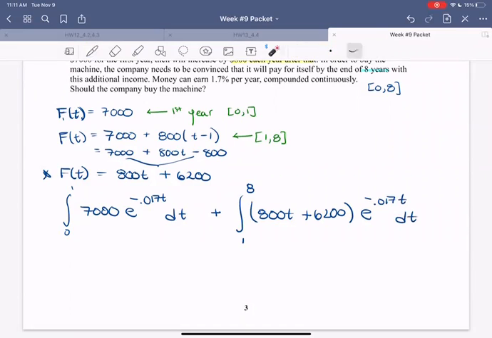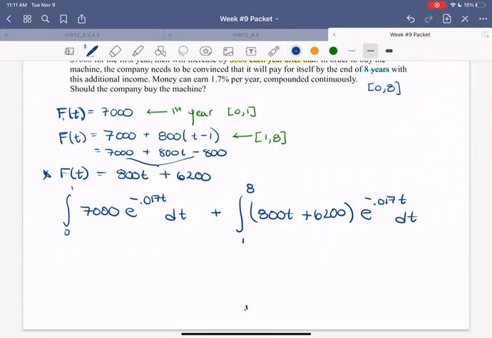Just to summarize, this first integral is going to tell us the money that the machine will bring in from the first year. This next integral will tell us the money that the machine will be bringing in, and not just the money it's bringing in, but the interest in addition on that money, for the next 1 to 8 years. So after setting up these integrals, we can use our calculator to compute them.